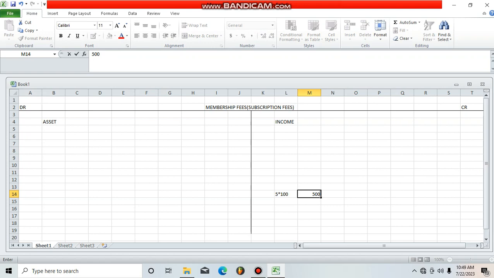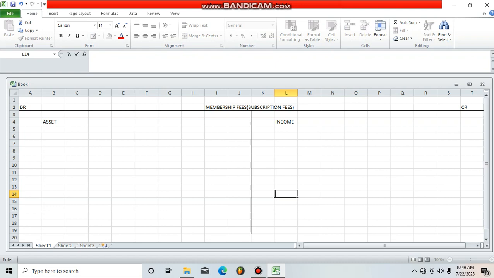Remember, accrued income is only saying we earned the income but we haven't received it. So this is an asset to us. It's an asset on the debit side, and it's an income on the credit side.